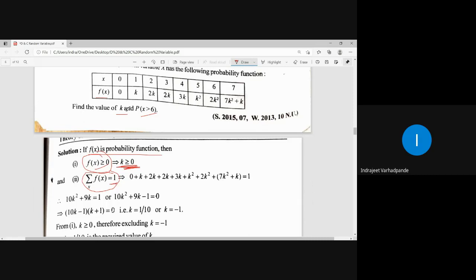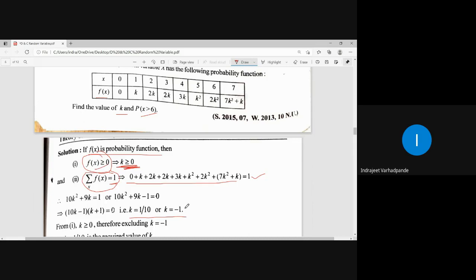To find out the value of k, I will be requiring this condition. So add all the given corresponding probabilities and their summation will be equal to 1. Summation means we have to add them together. After adding them together and equating with 1, you get a quadratic equation, and after that we will be solving for the values.